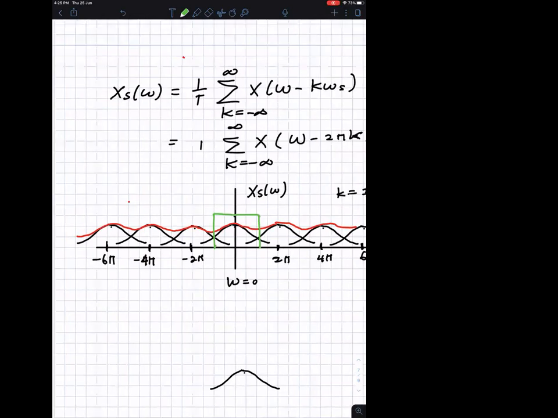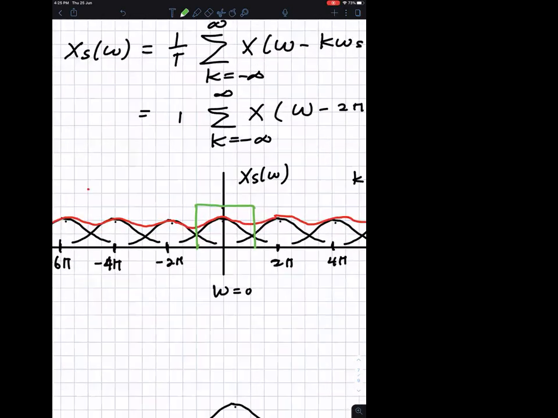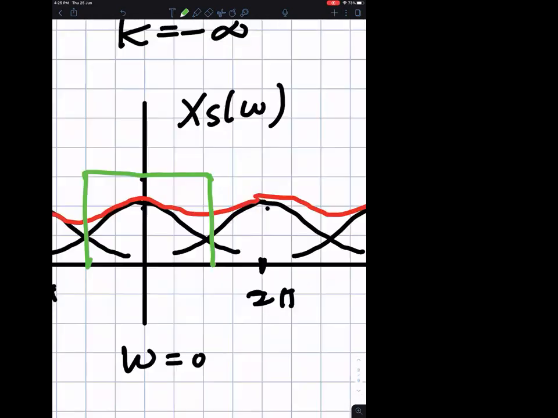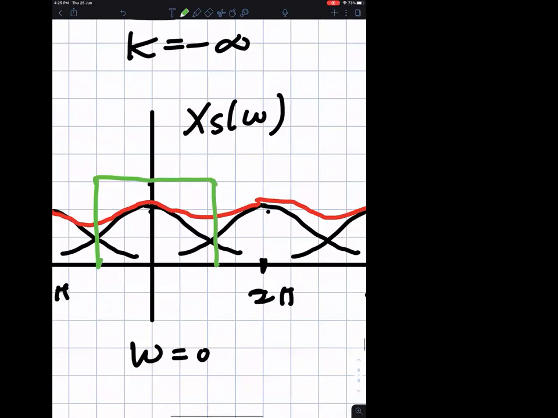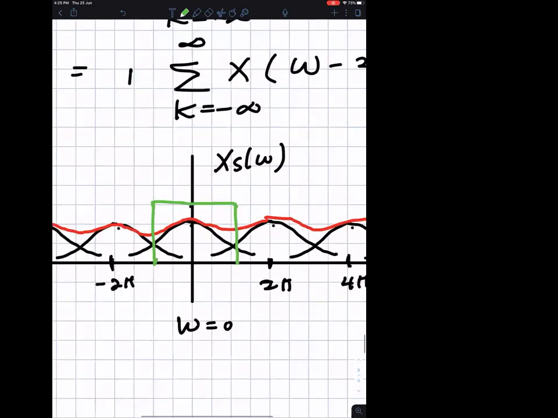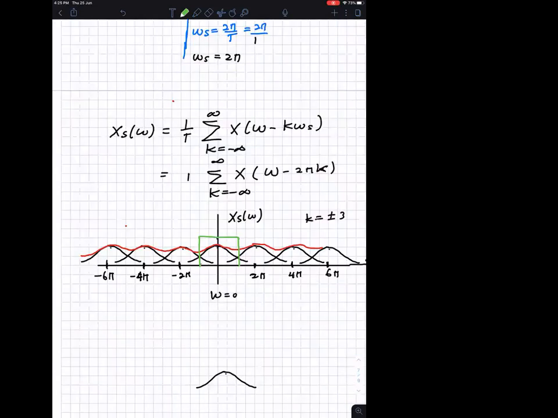There's always going to be overlap with the adjacent signals, which distorts the original signal. So that's the answer for part B.